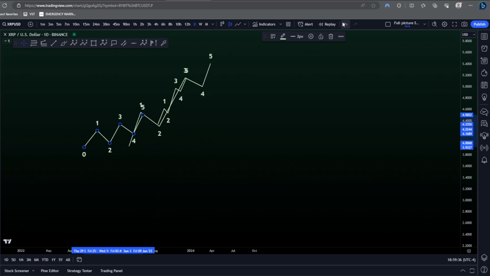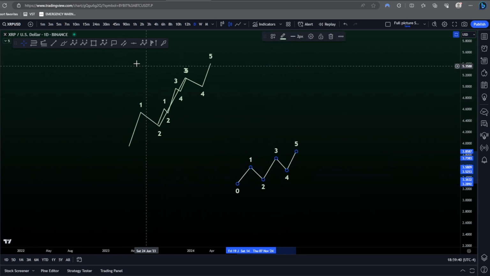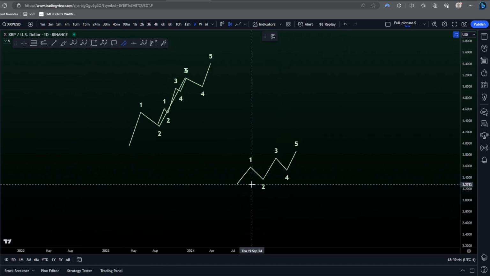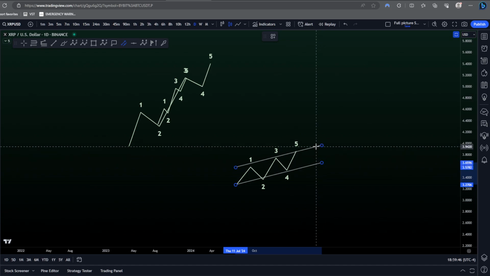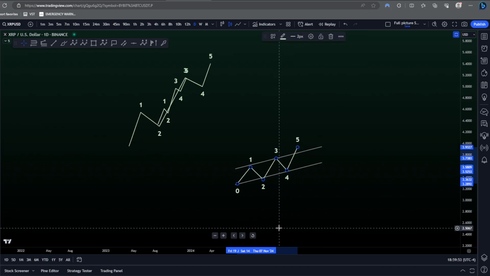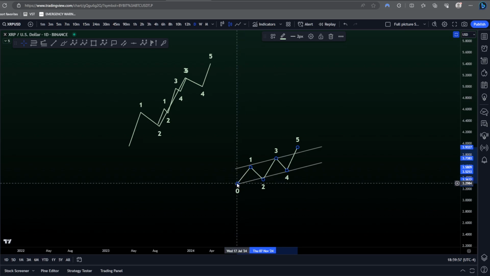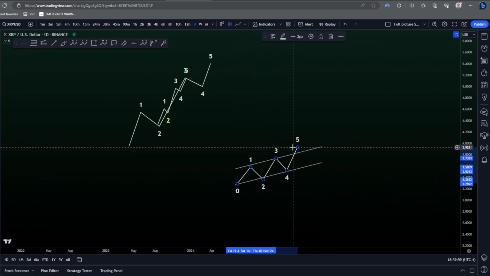Now, leading diagonals will show themselves most of the time in some type of structure where there's trend lines that are formed. The fifth wave might leak out of this trend line just like I drew it. It's funny how if you study Elliott Wave long enough, your eye is so trained you can draw these things without even realizing it.